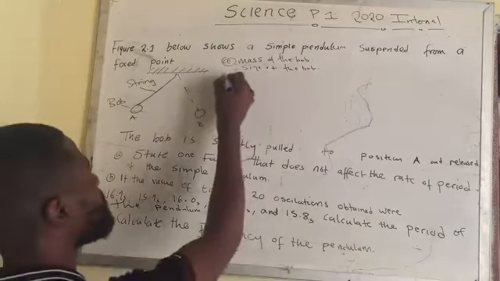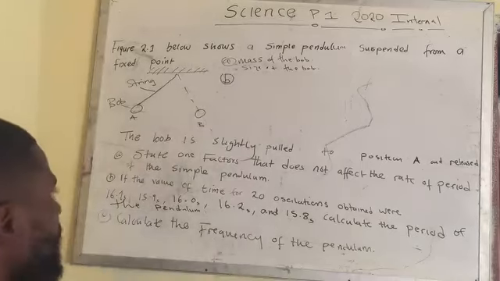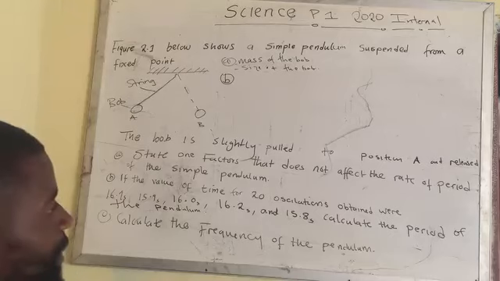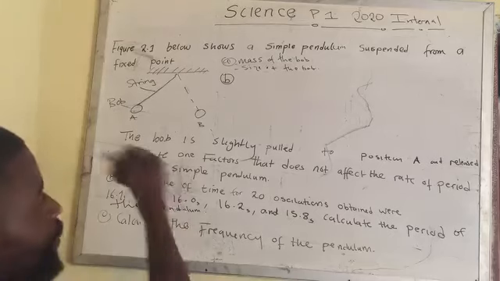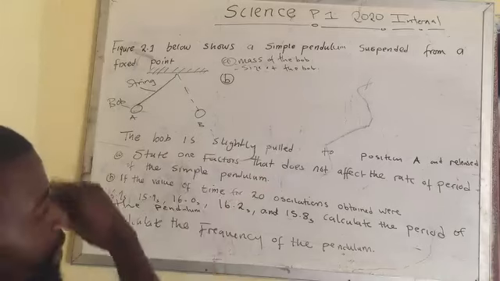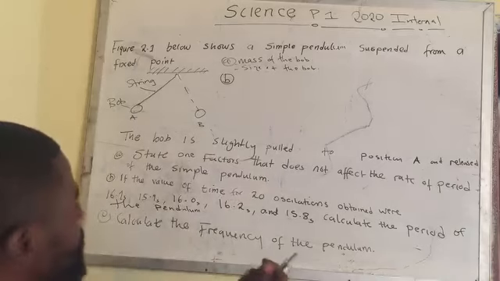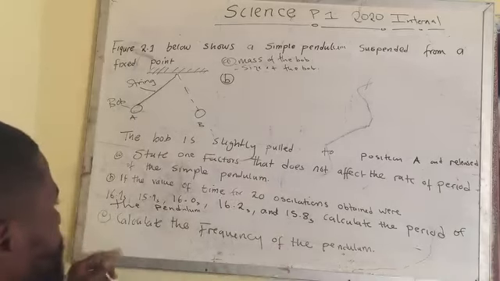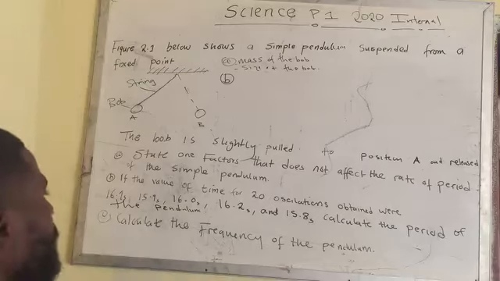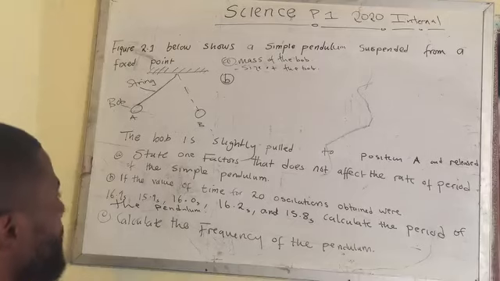Then for B, they are saying the values of time for 20 oscillations obtained were 16.1, 15.9, 16.0, 16.2, 15.8.